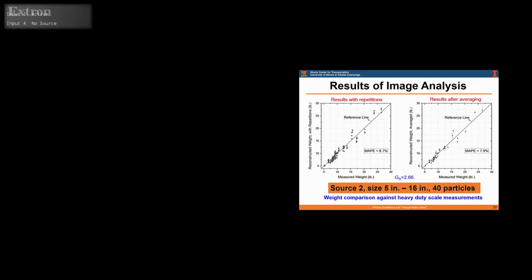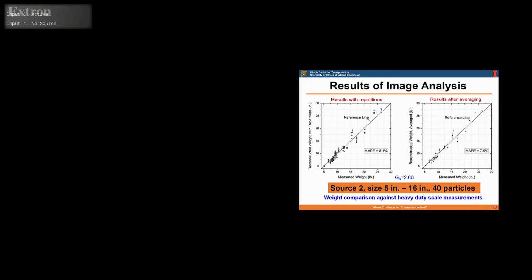So for source 2 rocks, since we don't have direct volume measurement, we apply a typical specific gravity value to the volume, and the comparison is made between weights. It can be seen the error here slightly increased.